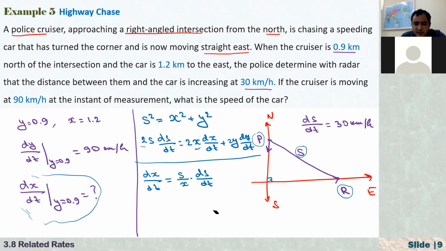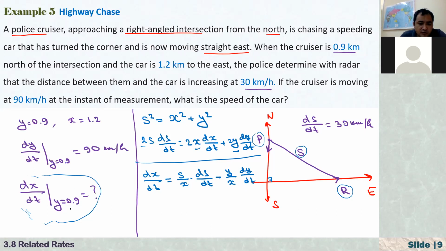It is minus, not plus. It's x because we are dividing both sides by x.